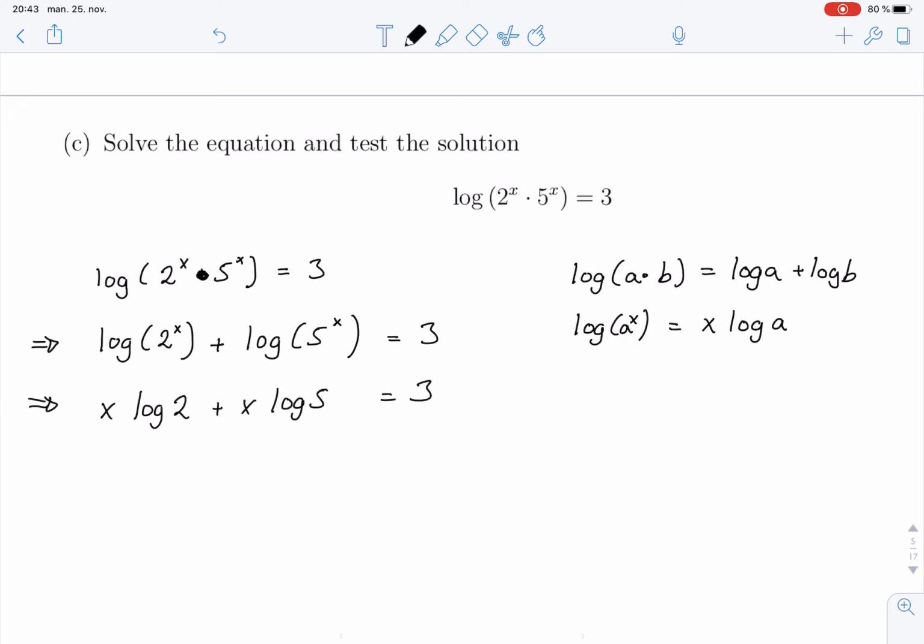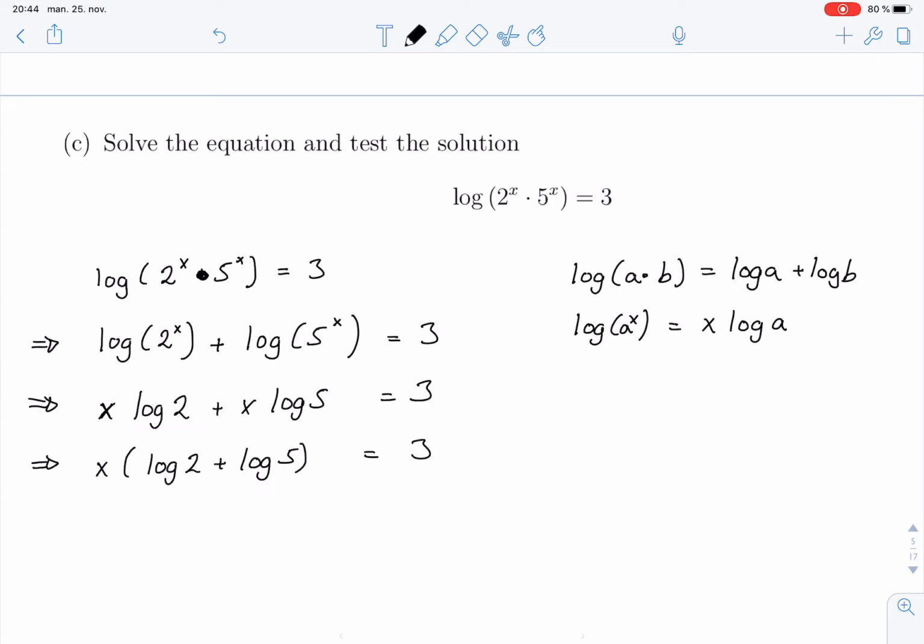And this is good, because now we have the x's that we can put in front of a parenthesis. Like this. Right, so if we go the other way around, we have x times logarithm to 2, get this term, and then we have x times logarithm to 5, which is this term.